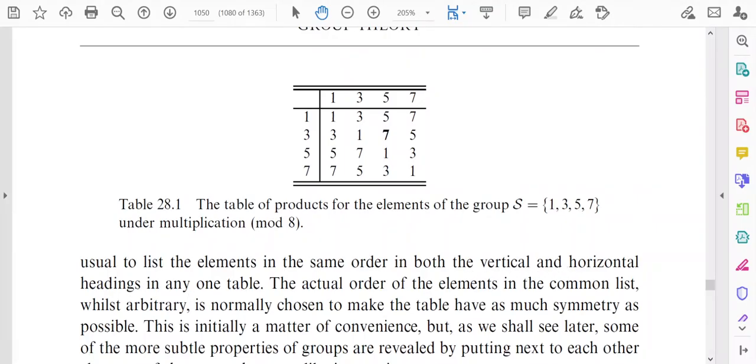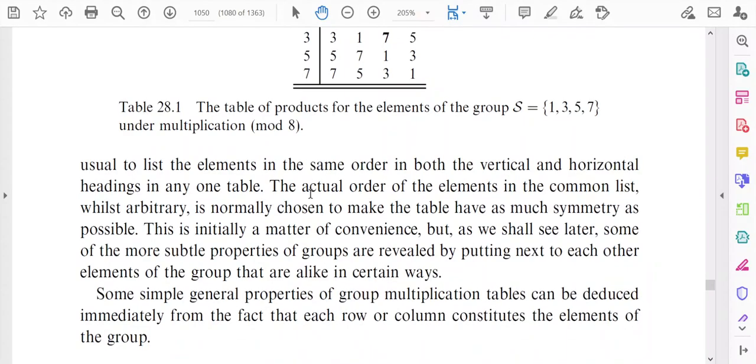It means that we can arrange the elements in the header in random order, but that order should be maintained in both the upper header and the left hand side column. For example, here we have written 1, 3, 5, 7, so in the left hand side column also we have to write 1, 3, 5 and 7. This is the convention actually.